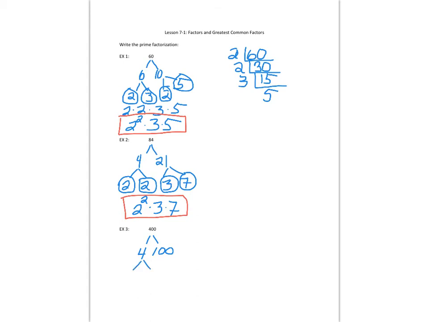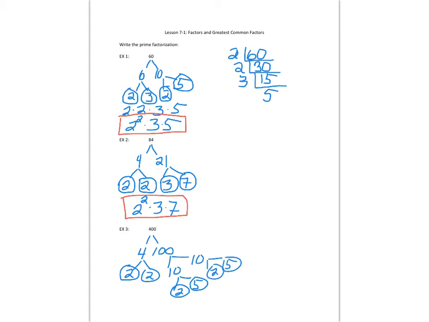And so 4 can be broken down into 2 and 2, and then circle those because those are prime. And 100 can be broken down into 10 times 10. You could have also used 4 and 25, again, just as long as we all end up with the same answer. And then 10 gets broken into 2 and 5, both of which are prime.